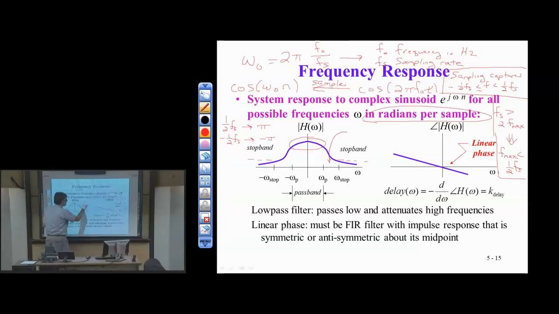band in between. We call this the transition band. And really, the magnitude response can be almost anything, except we don't want it to exceed what we allow in the passband. So the magnitude response in the transition band is anything between 0 and 1 inclusive.